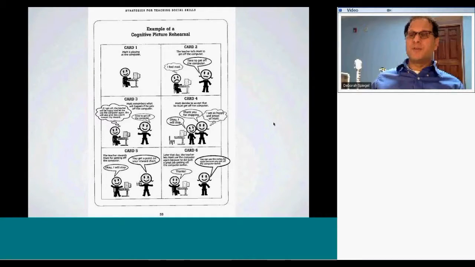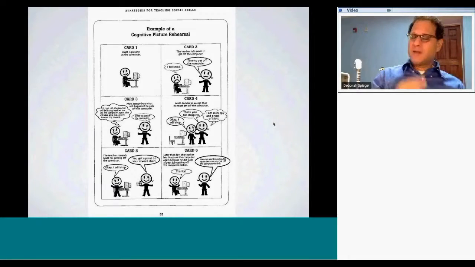So Matt says, if I get off, the teacher will be happy and let me use the computer again. She will also give me a point towards my reward. So then it shows Matt responding in card 4, okay, I will stop. Then you see what the teacher's feeling. And if you follow the story to its completion, the teacher rewards Matt, and he gets to use the computer later.